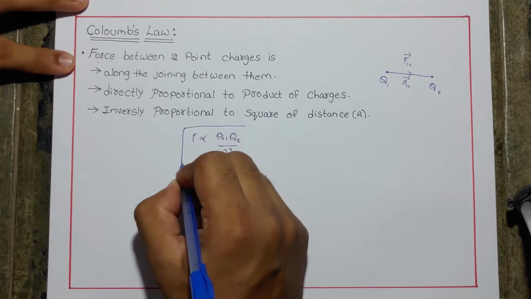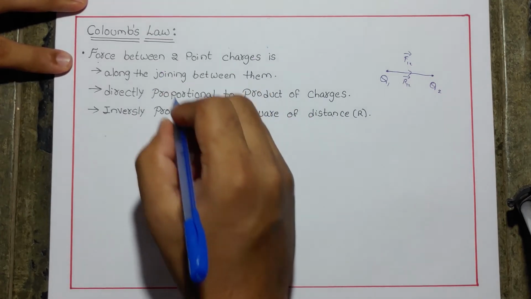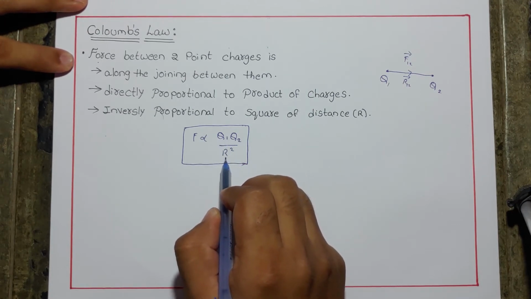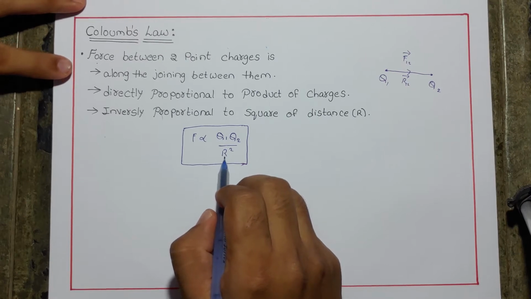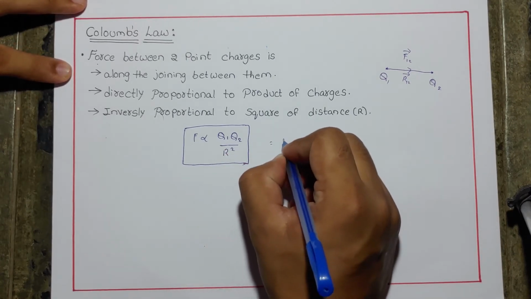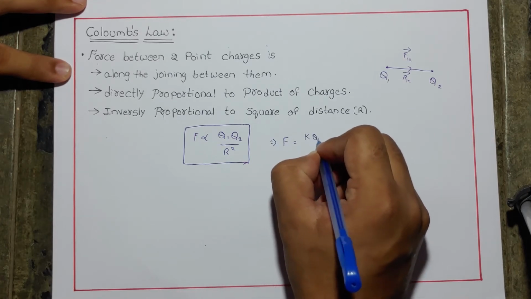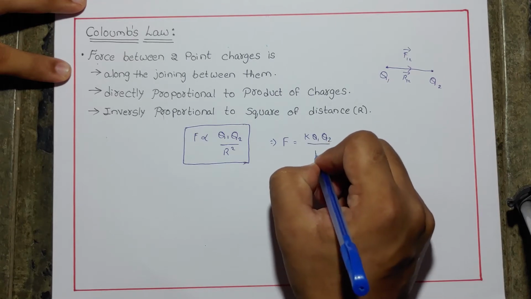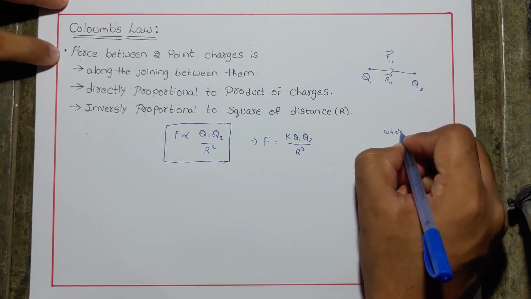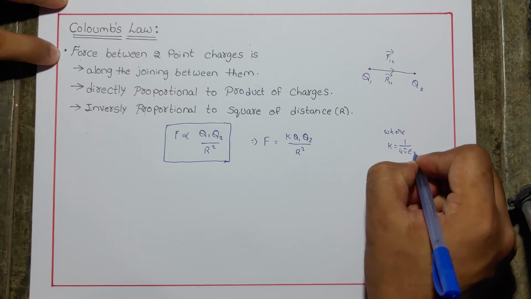From this primary observation, we understand that according to Coulomb's law, force is directly proportional to the product of charges and inversely proportional to the square of the distance between them. Now let us remove the proportionality sign and place a constant: F is equal to K times Q1 Q2 by R square, where K is equal to 1 by 4 pi epsilon naught.